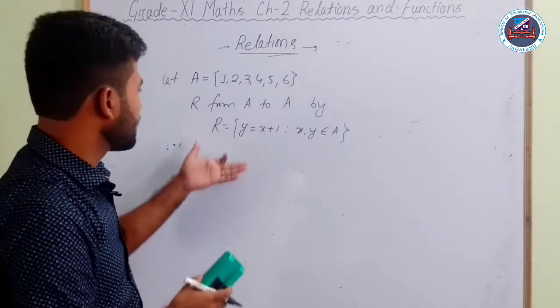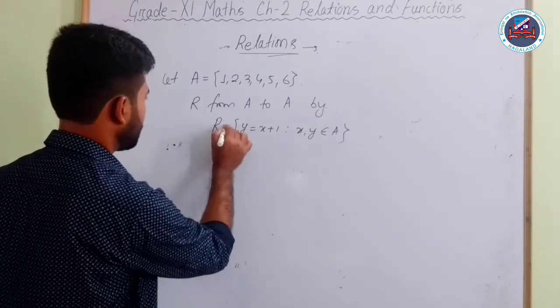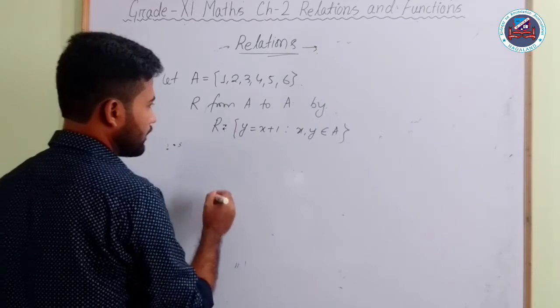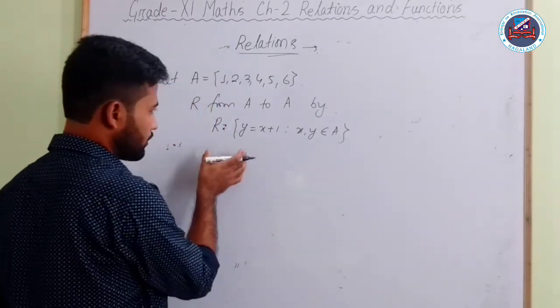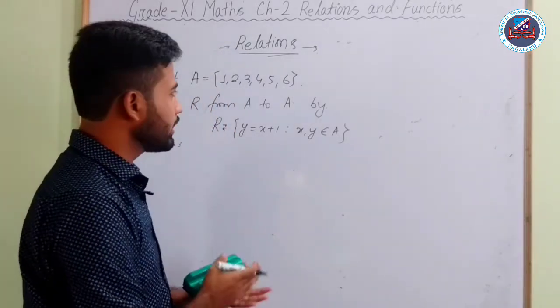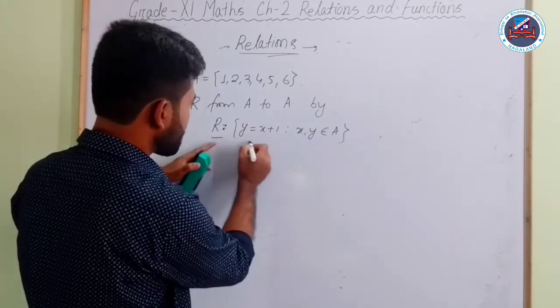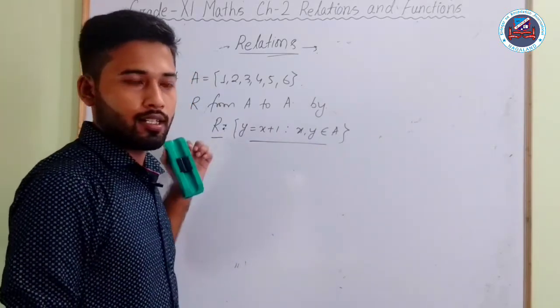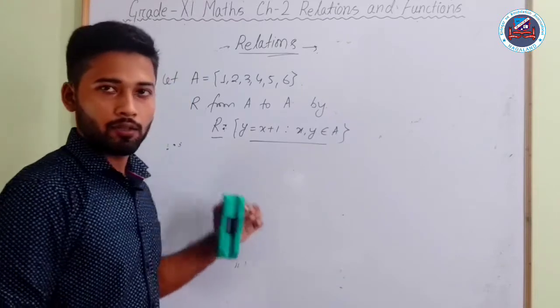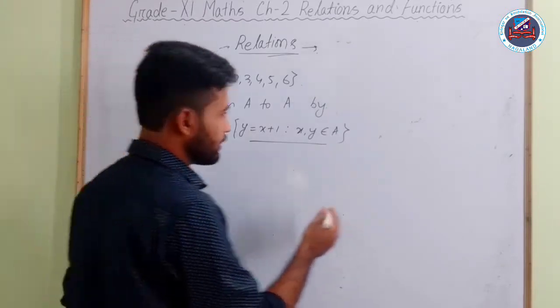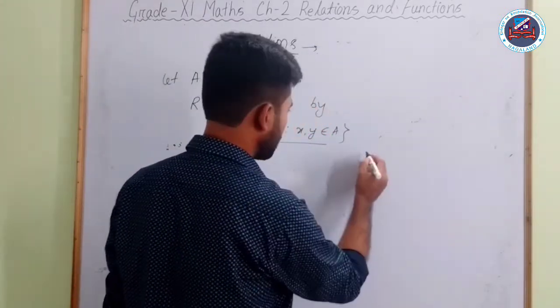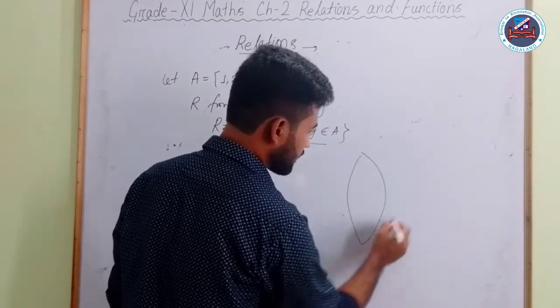Fine. Now we shall find out the domain, codomain and range. This relation has been written in set builder form. We shall write it in roster form, and also show it in an arrow diagram. So at first let us go for the arrow diagram.